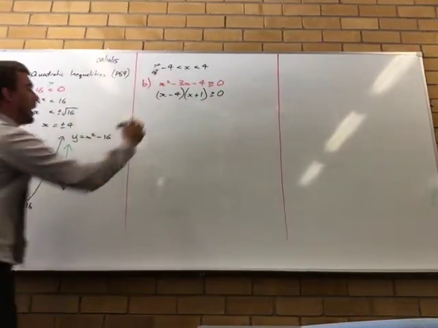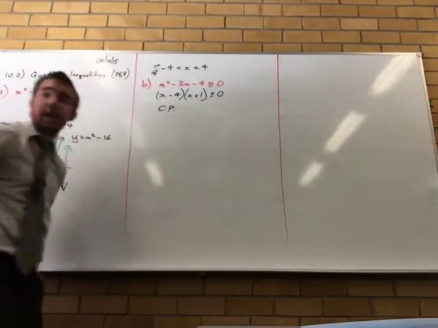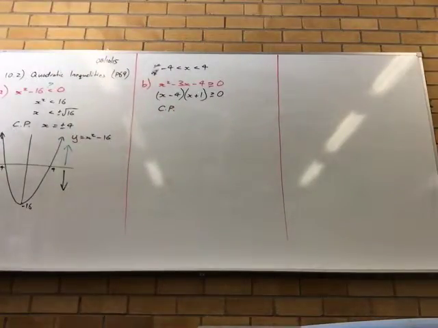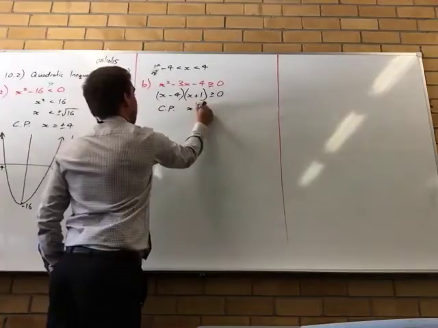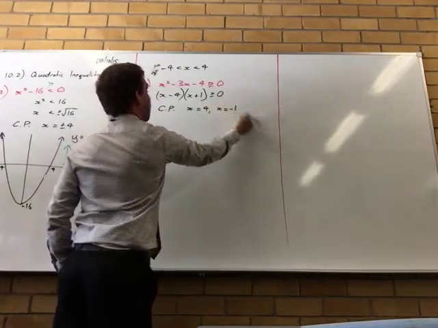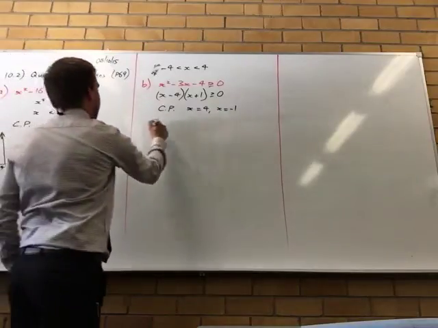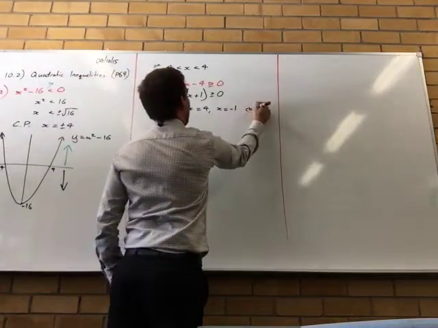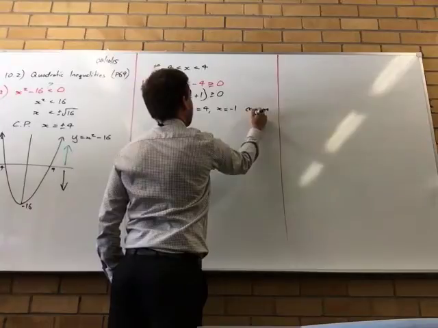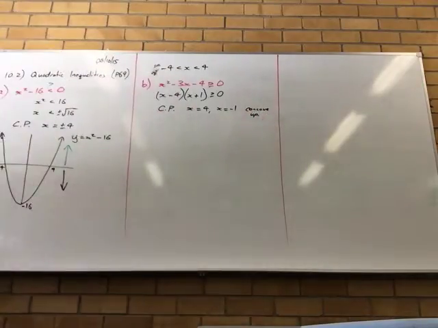Okay, and then the next thing you need to show is your critical points. Okay, CP, critical point. So x equals 4 or x equals -1. Right, is this a concave up or concave down parabola? Concave up. The direction that it opens is upwards. I don't need to find the y value as such, because I'm not getting marked on this.